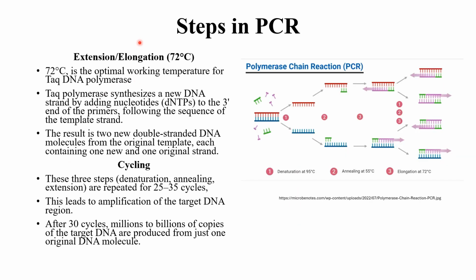The next step now is elongation. We bring the temperature back up again to around 72 degrees, and this is the optimal temperature for the Taq polymerase. So after the primers have already bound, the Taq polymerase will synthesize the new DNA by adding new nucleotides at the 3' hydroxyl end.